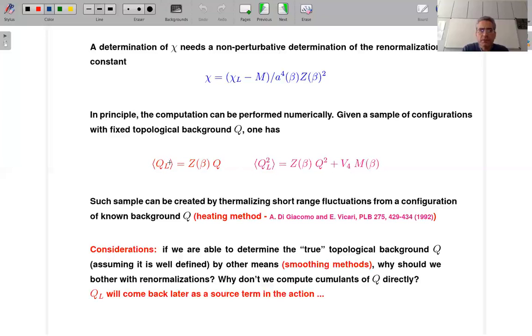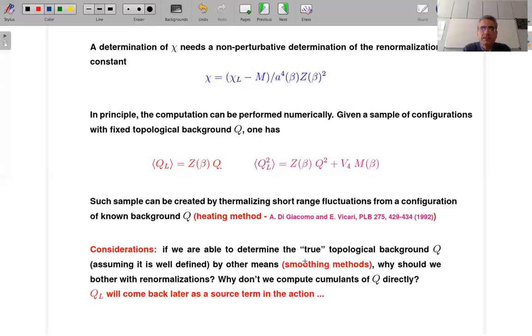By definition, you are defining the renormalization constant by measuring, for instance, the average value of the lattice topological charge on a set of configurations that have a well-defined topological background Q. You need to have some other method, which can be another definition of a topological charge, by which you decide the value of the underlying topological background Q.